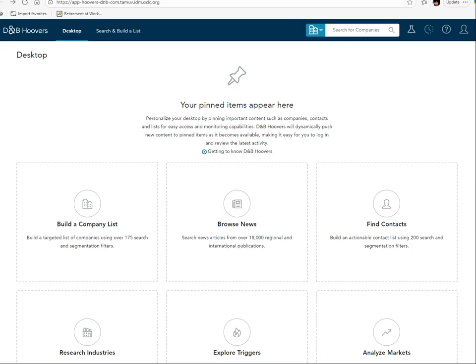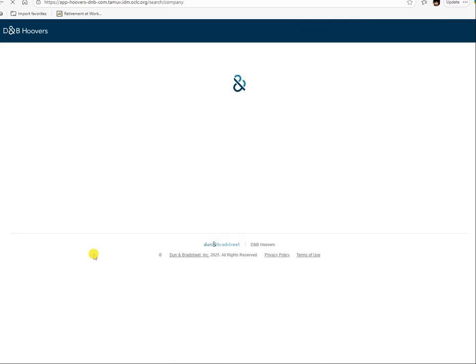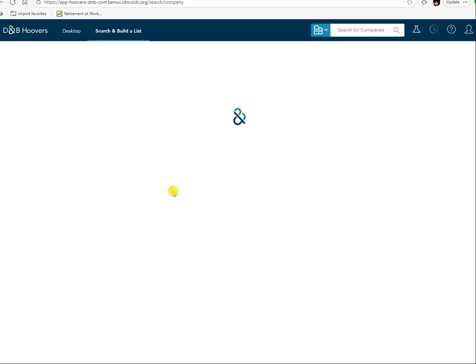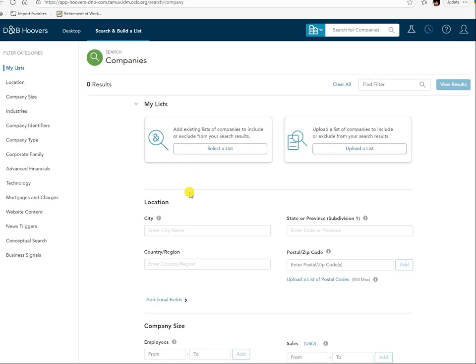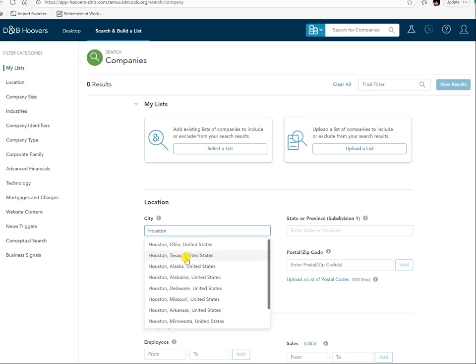So let's see how we can use D&B Hoovers. For example, I'm interested to see who are the big corporations here in Houston. So I'm going to build a company list, right, by selecting Houston, Texas.